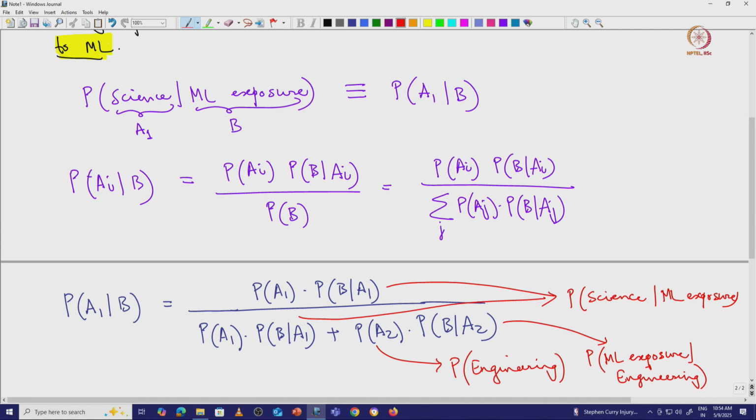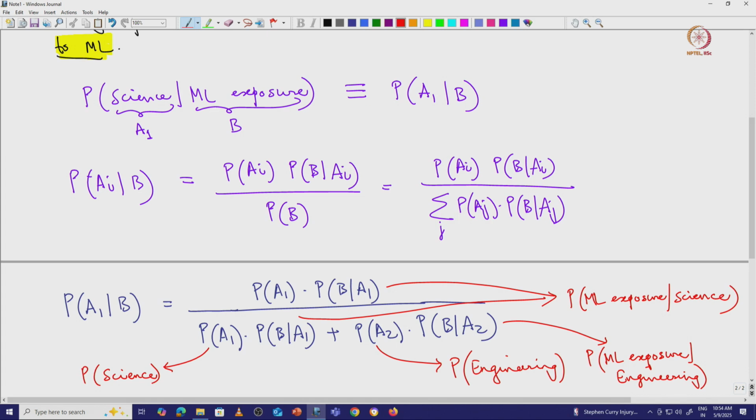Right, I wrote this the other way here. So, this should be the probability of the student having ML exposure given they are from a science background, and then this is simply the probability that they are from a science background.